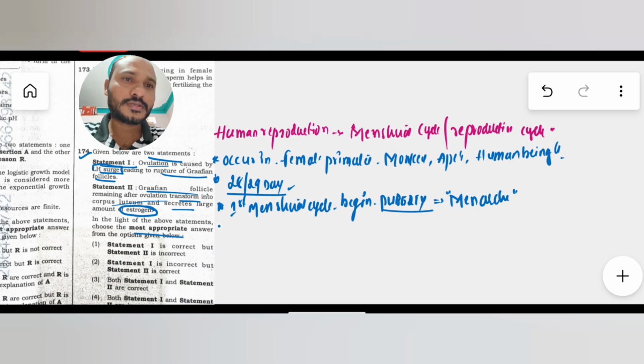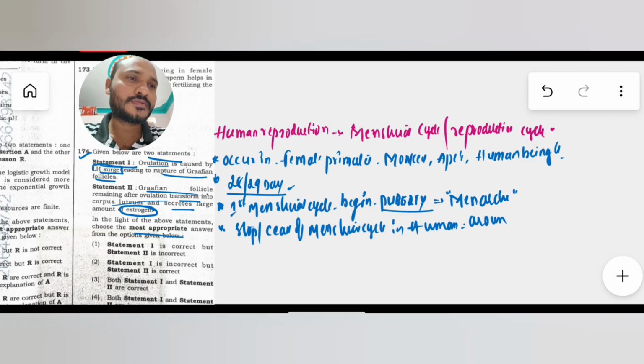Generally the menstrual cycle ceases or stops in human beings at around 45 to 50 years.